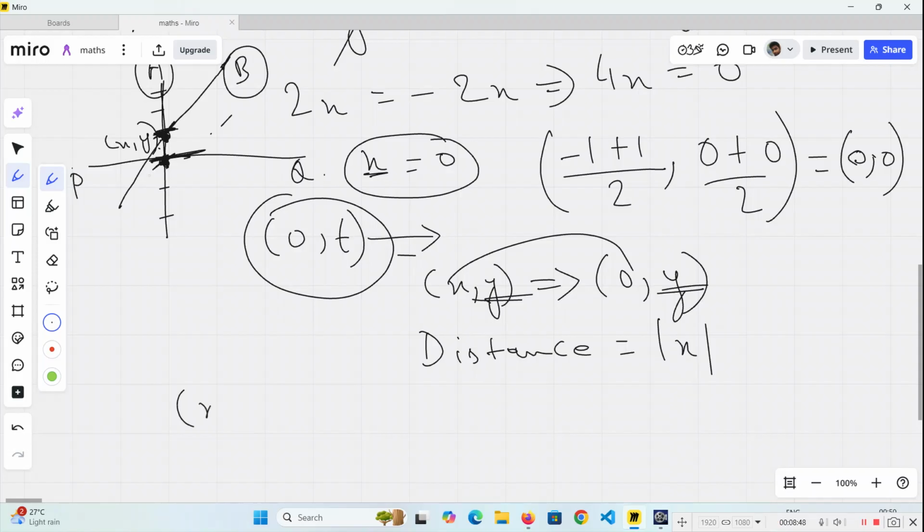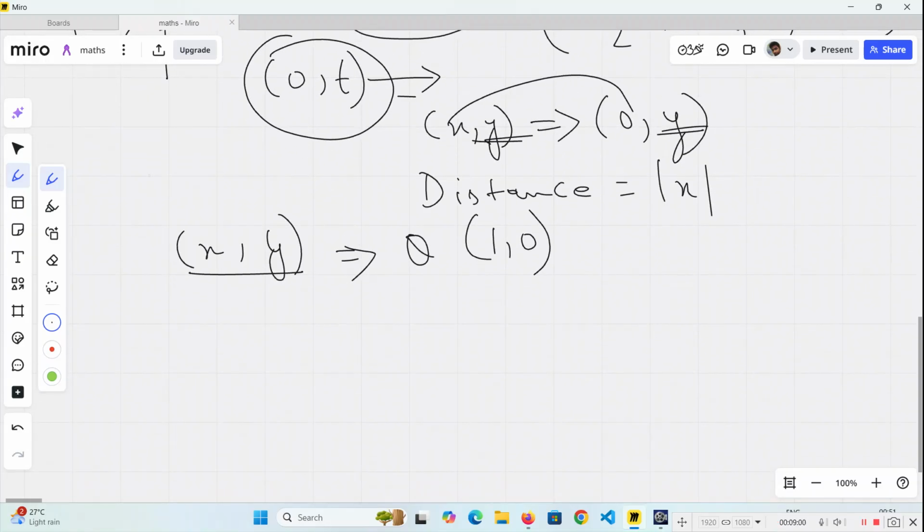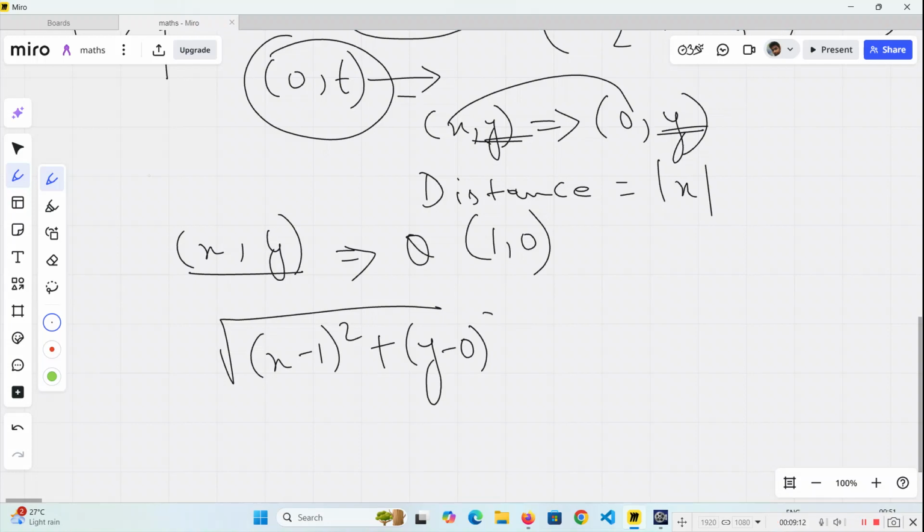Now the distance from this point x, y on set B to the point Q, that is 1 comma 0, we can calculate by the distance formula again: x minus 1 whole square plus y minus 0 whole square, that is x minus 1 whole square plus y square.